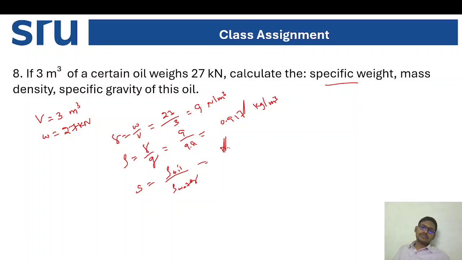Then again substitute here 0.917 by 1000, so it will be approximately 0.0009. So for this kind of problem you can do a practice session.